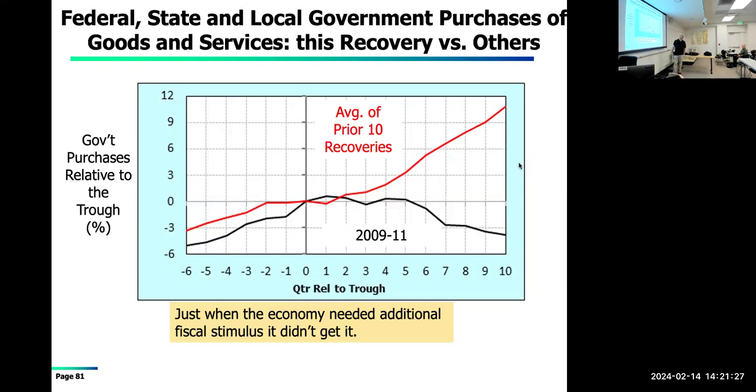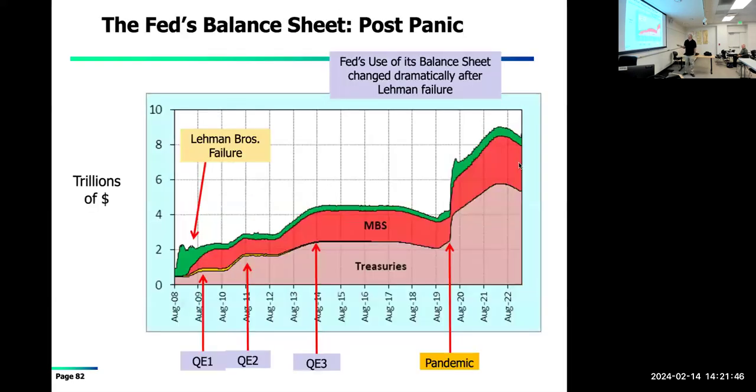The economy needed additional stimulus. It didn't get it. The Federal Reserve's mandate says your job is to try to keep the unemployment rate low and try to keep the inflation rate low. The inflation rate was doing fine. So they adopted quantitative easing as an innovative policy. And this is the graph, the manifestation of that policy, which you've seen before.